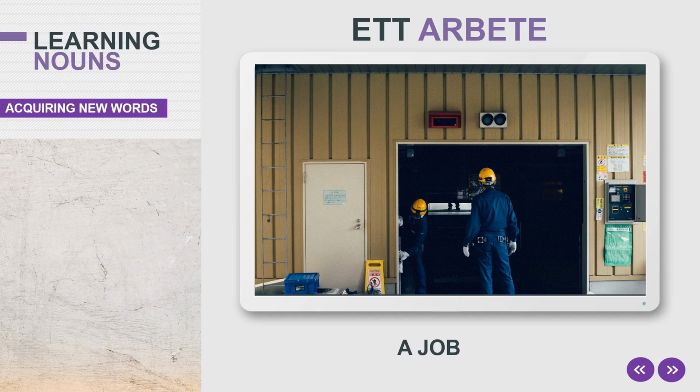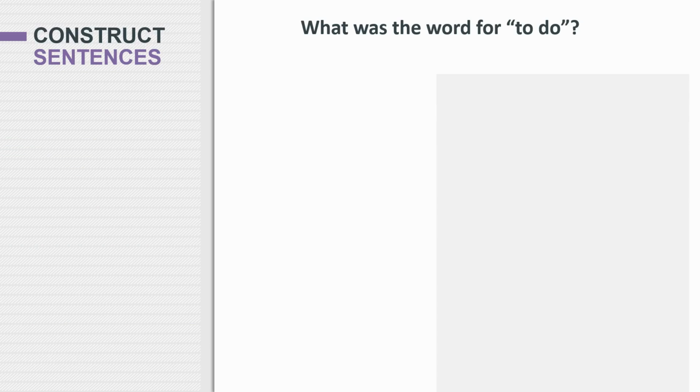But if you want to say a work, as in a job, you would say ett arbete. And here there's an even easier word if you want to talk about a job, and that's jobb. And it's spelt the same as in English, but with an extra B. So jobb means job. But you can also say ett arbete.